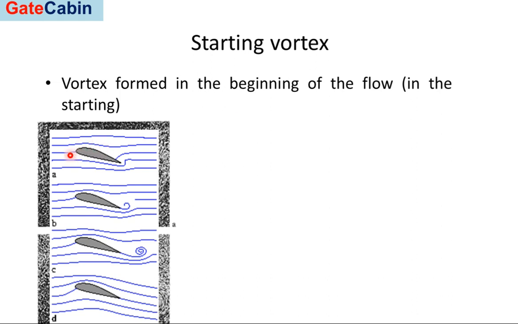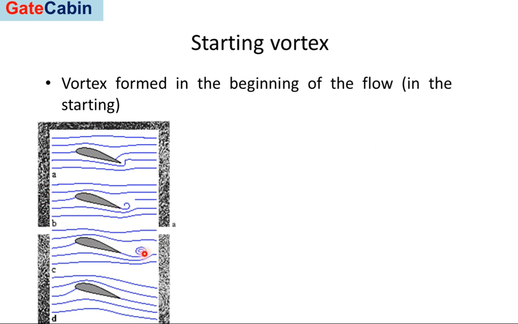For the first time when the flow moves over the surface of the aerofoil, the flow from the lower surface moves in the upward direction and causes the flow to separate ahead of the leading edge from the upper surface, right? With further increase in velocity, when the flow moves downstream at the trailing edge, high velocities result in curling of the flow, and this curling results in the formation of a vortex.